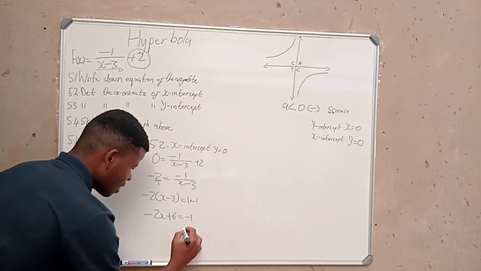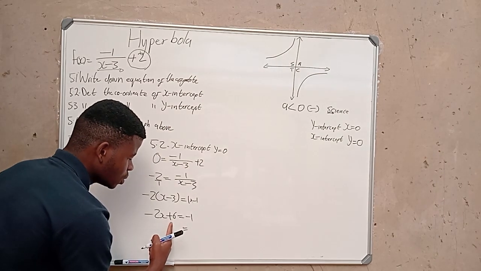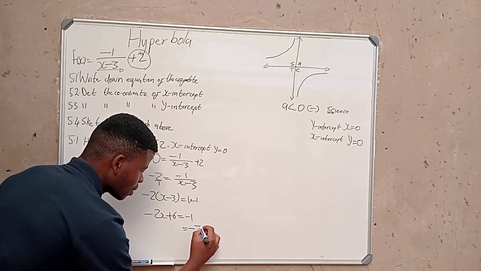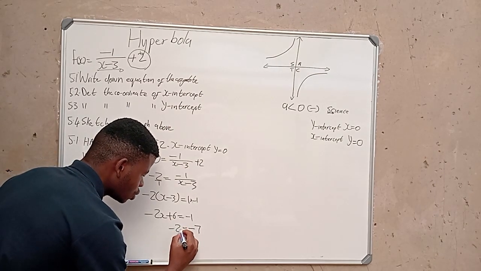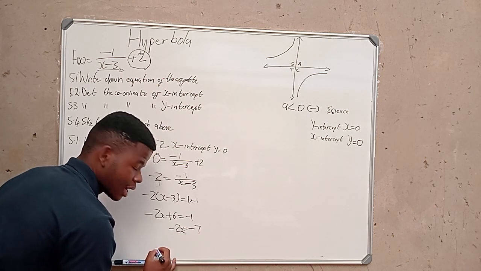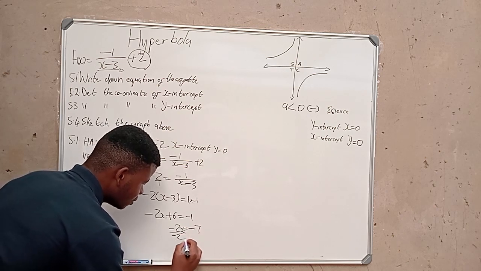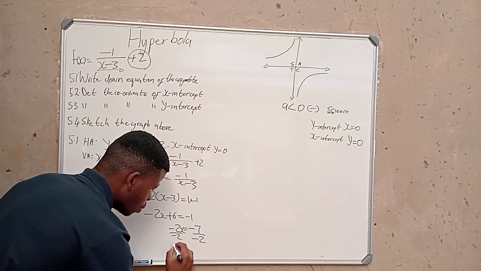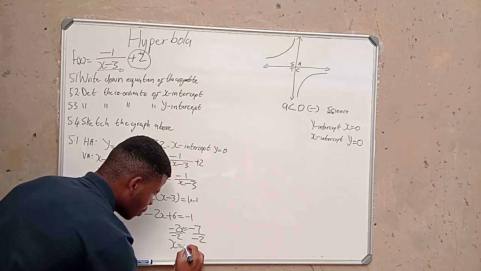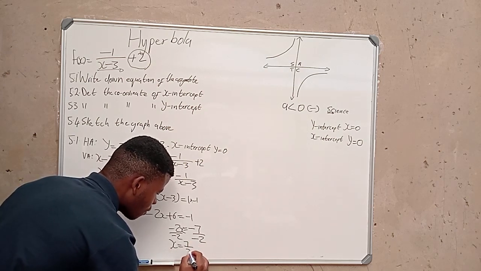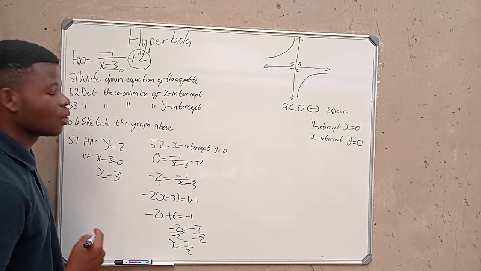We transpose this, so it's minus 7 equals 2x. Divide by negative 2 on both sides. X is going to be equal to 7 over 2.